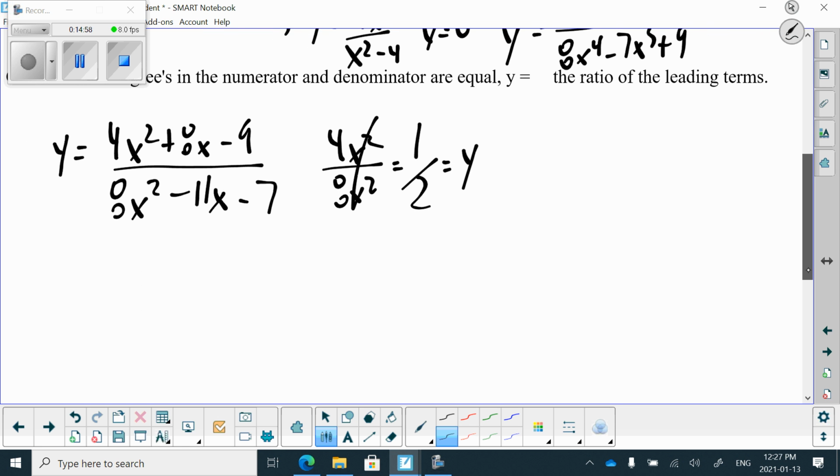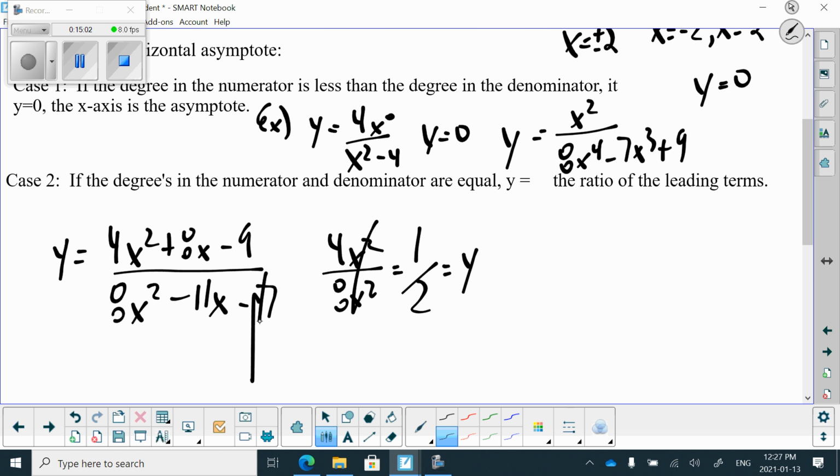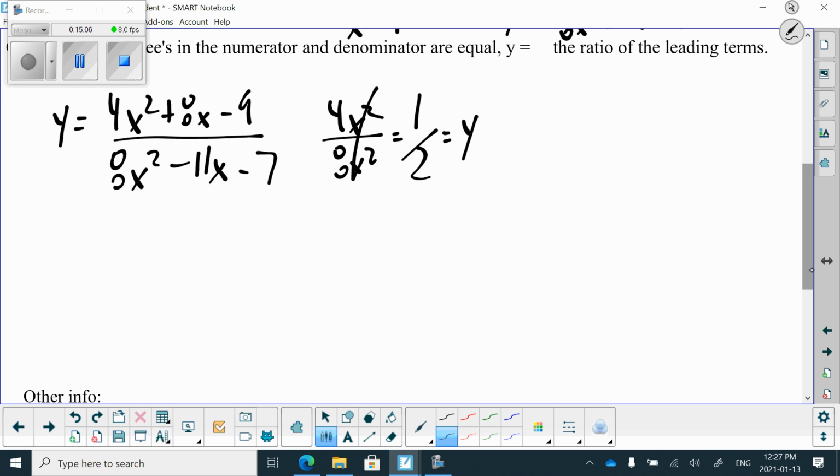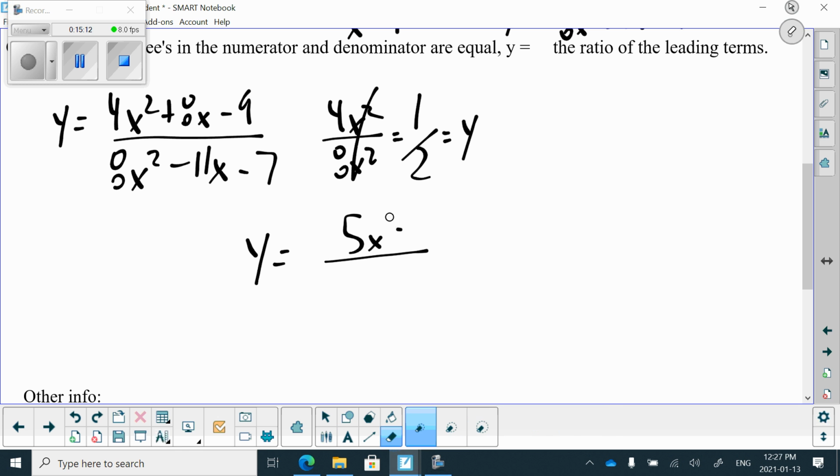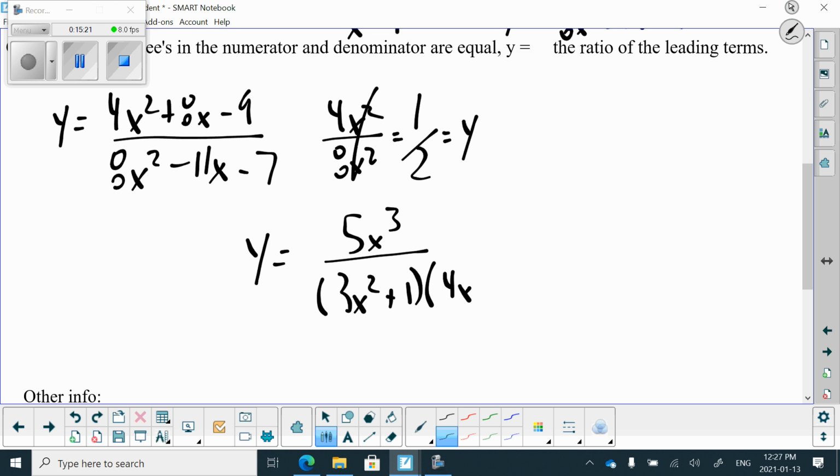But sometimes we have to be careful because it might not look like it is. I got 5x cubed over 3x squared plus 1 times 4x minus 3. You might think, well, it's bigger on top.